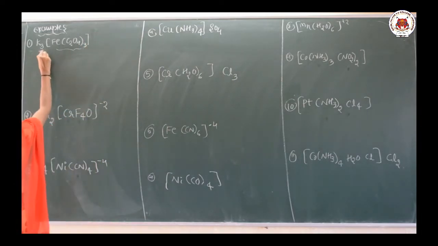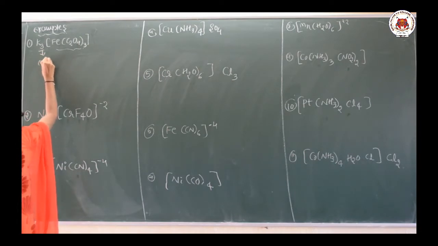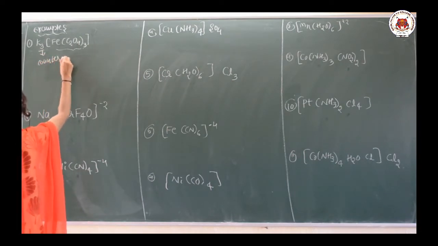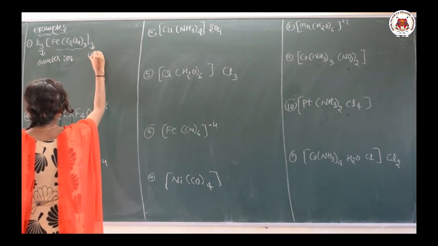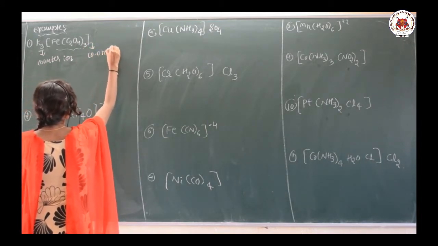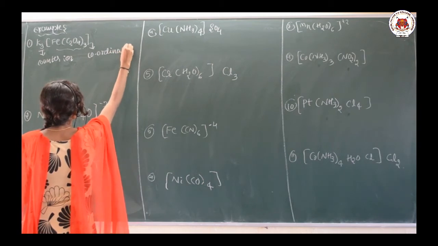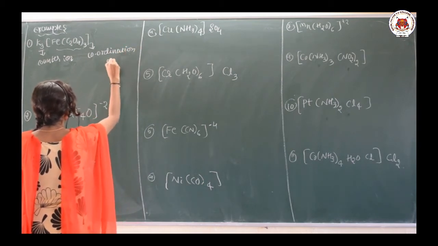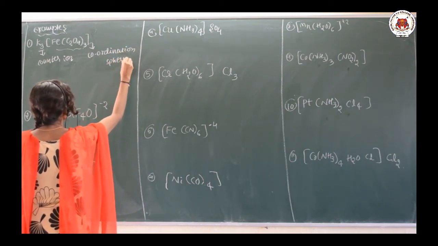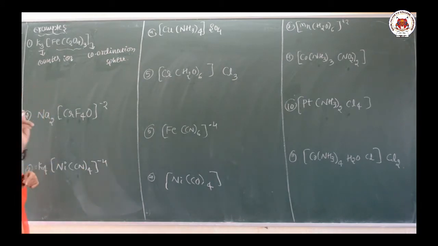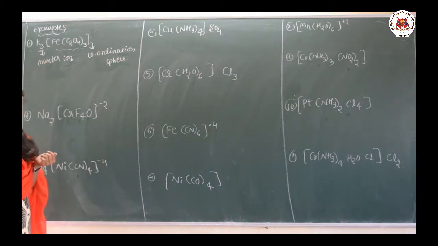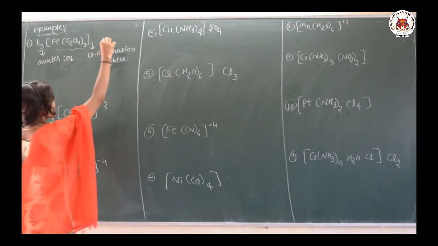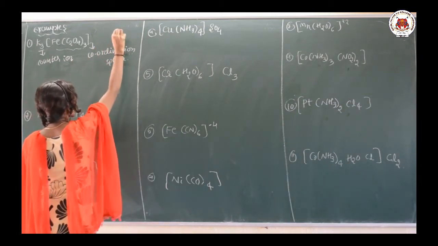See here, this is the counter ion, and this is the coordination sphere. Yes or no? So just look at the counter ion. The counter ion is K, that is potassium. Potassium will always be in the form of K plus.